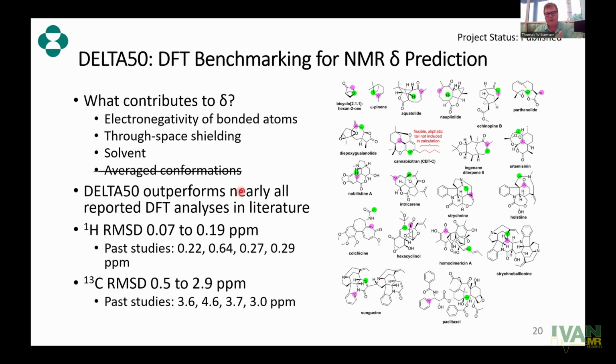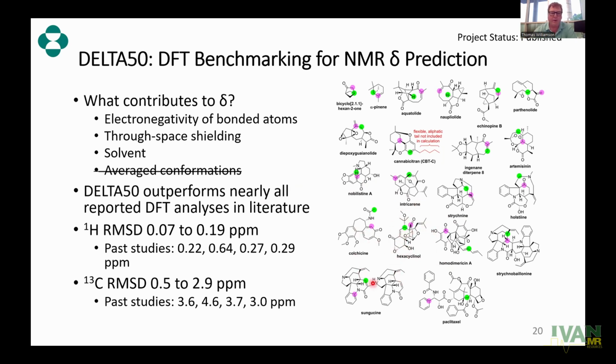a benchmarking set of 50 compounds, which represent a wide array of chemical functionality without complications due to conformational flexibility or a lot of hydrogen bonding type situations.